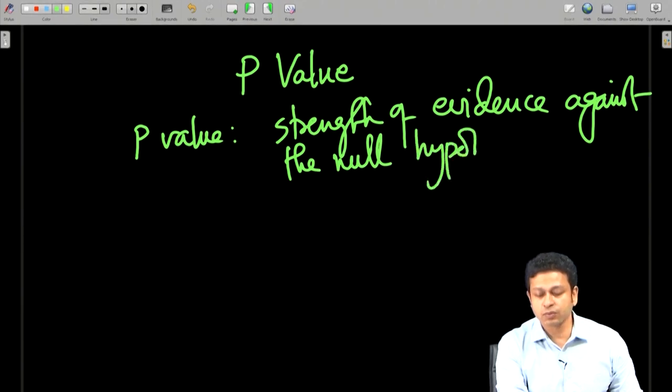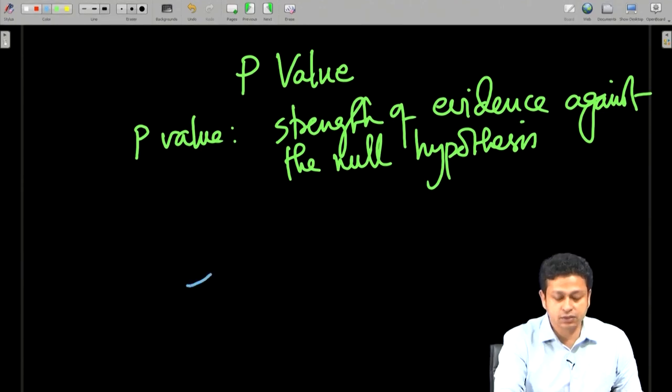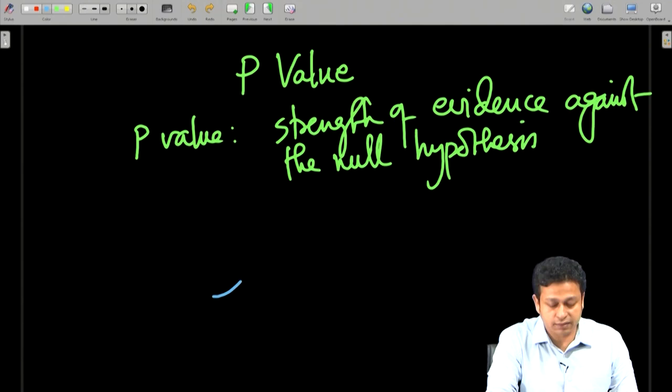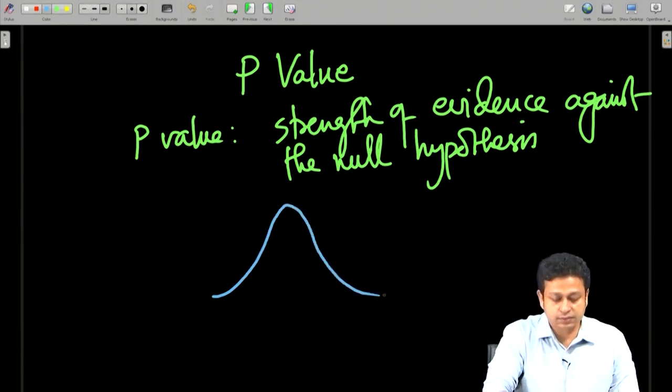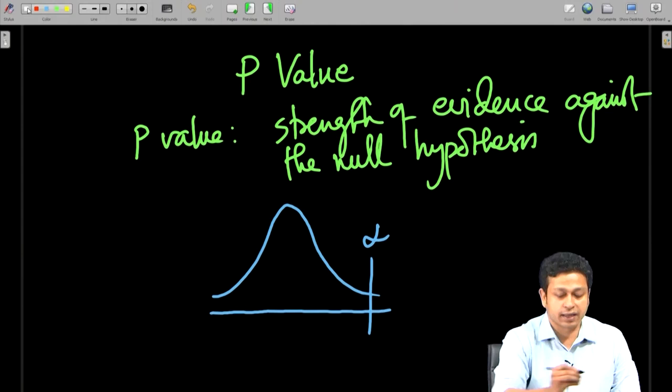And we will see the way we use p-value is, let us say I have a distribution here. It's a very bad normal curve I have drawn. So, let us say I have a distribution here, and for this distribution let us say I have this level of significance alpha here, and I have a p-value.